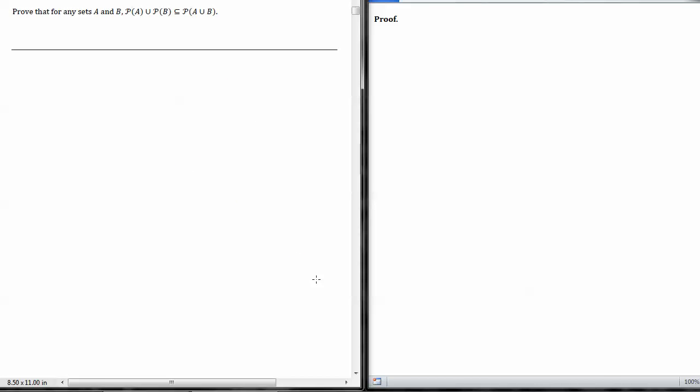Okay, so we're supposed to prove that for any sets A and B, the power set of A union the power set of B is a subset of the power set of A union B. Let's draw a picture and convince ourselves this is true.